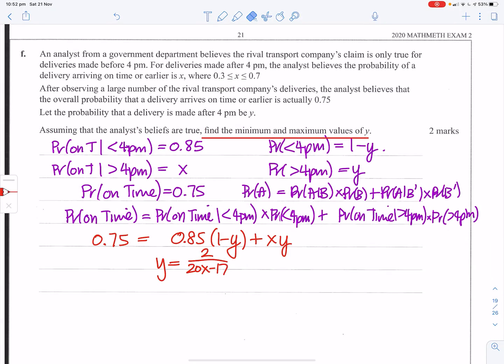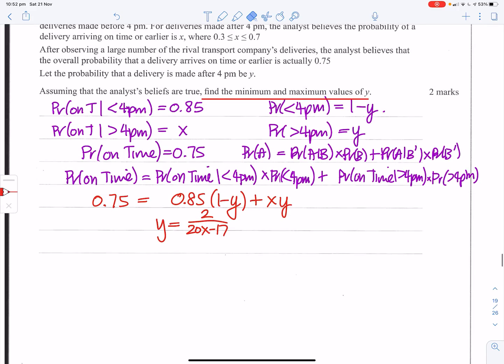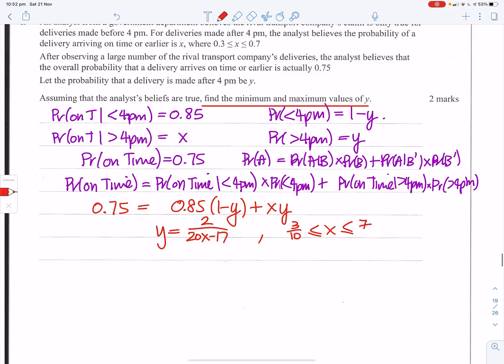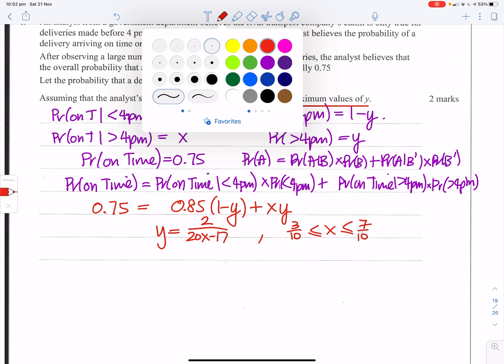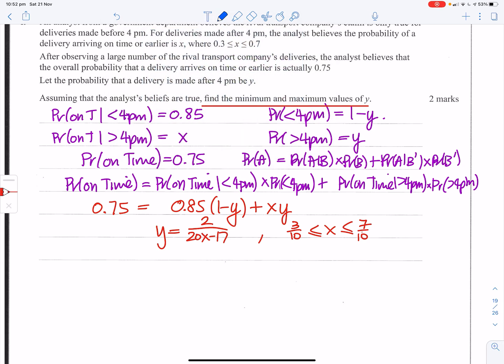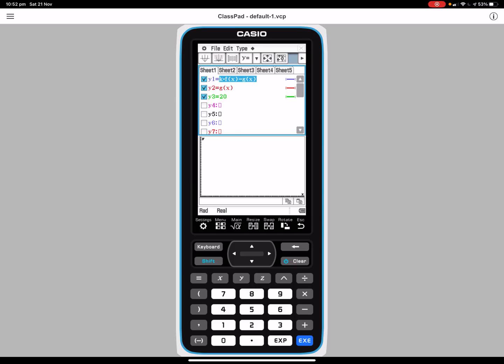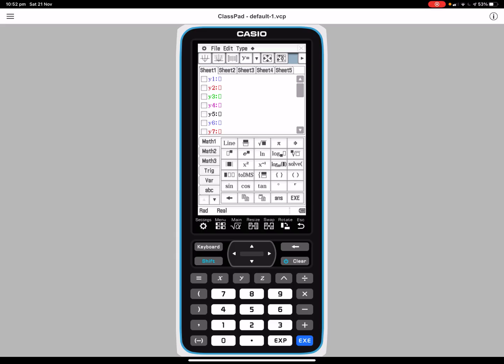Okay, so we've got to find the minimum and maximum values of y. And we know 3 on 10 is less than or equal to x, which is less than or equal to 7 on 10. So let's sub it in. If I sketch this graph, was it 2 on 20x minus 17?